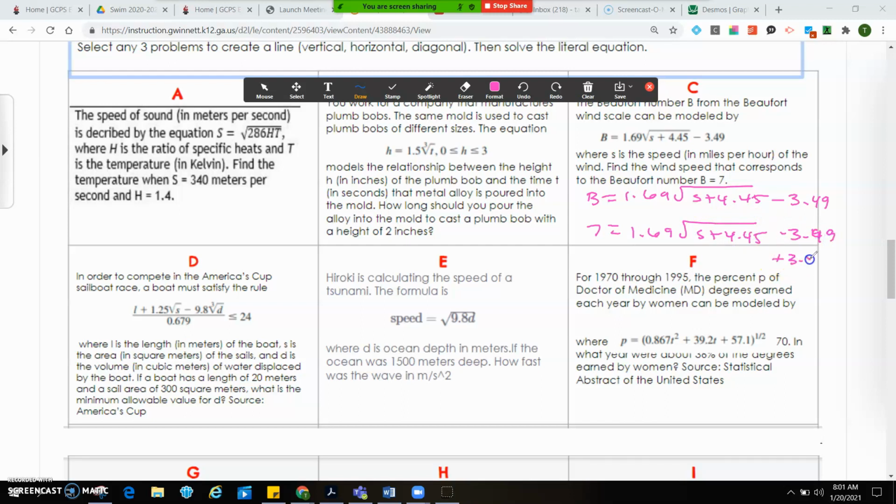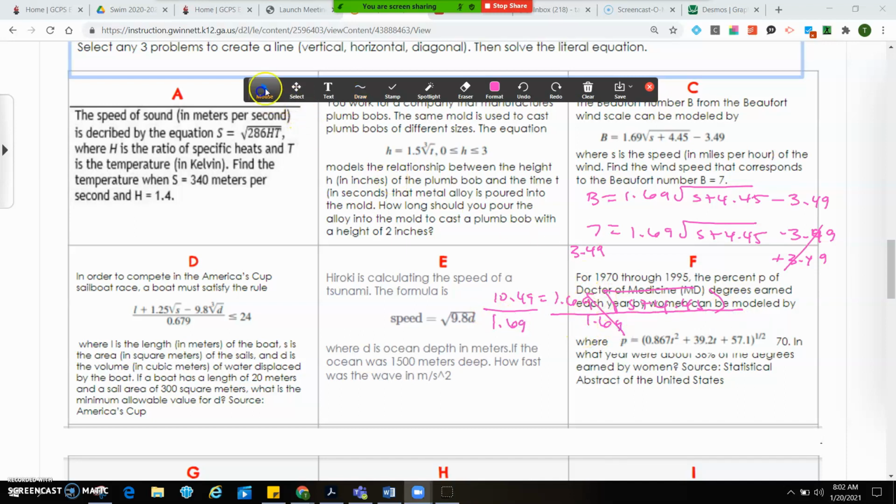I'm going to add 3.49 to both sides, and that's going to give you 10.49 equals 1.69 square root of S plus 4.45. Okay, I'm going to divide by 1.69 on both sides.